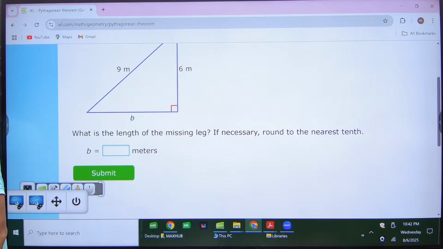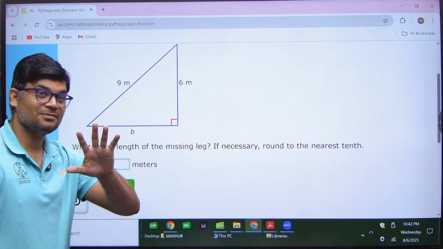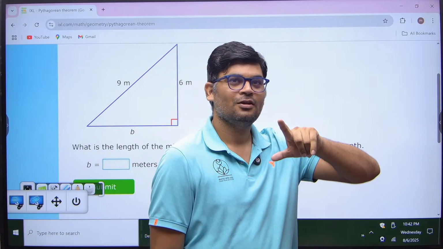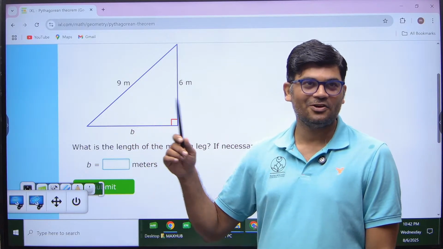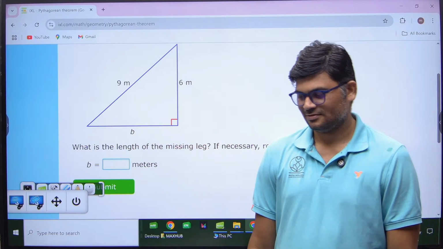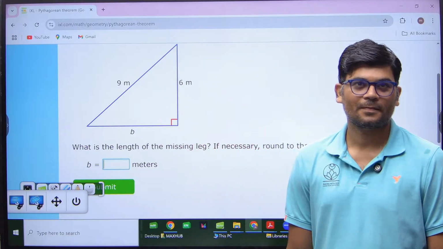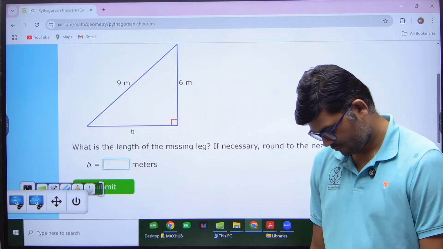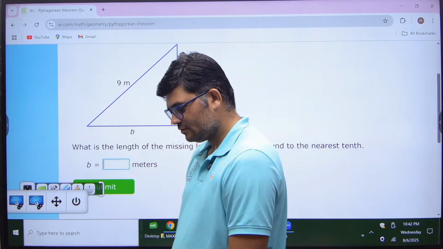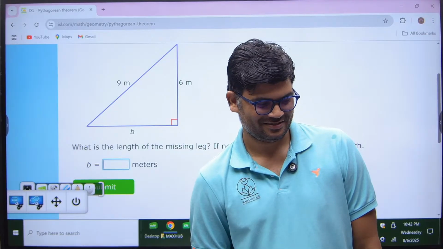9 squared is 81, and 36, how is it plus? Oh, minus. Yes, minus. If it is the largest side, you have to subtract. So 81 minus 36 is 45.